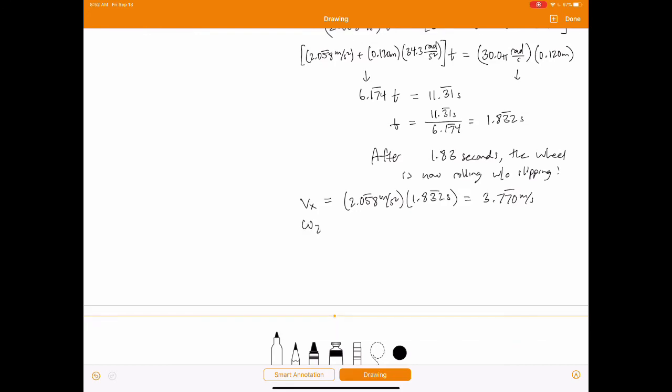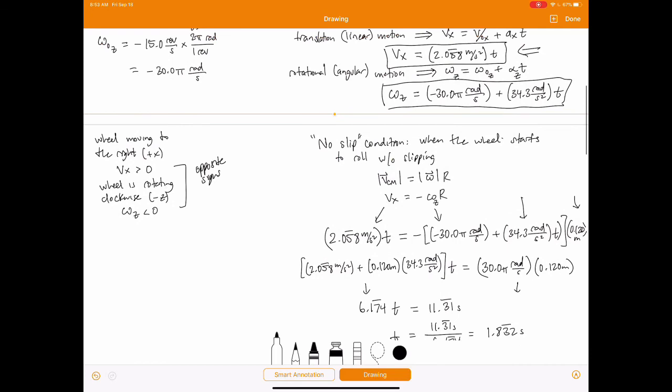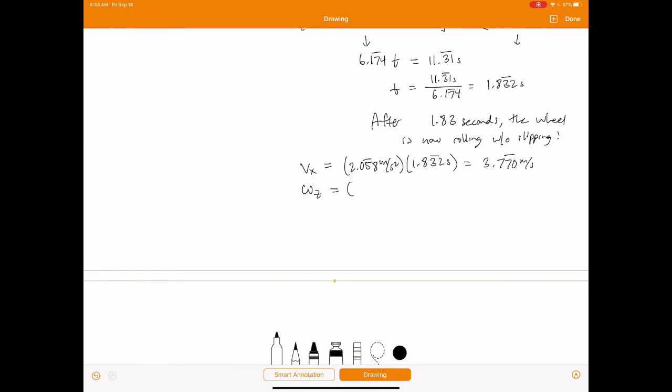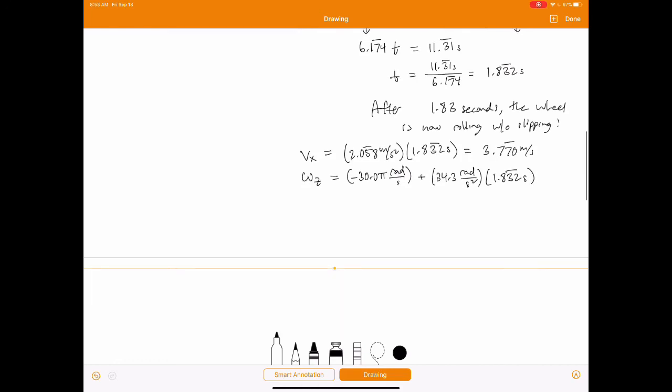And then omega z, if we want to know how fast it's rotating, we can use this formula. And again, that's minus 30.0 times pi radians per second. And then we're going to add to that 34.3 radians per second squared times time. The time is 1.832 seconds. Okay, so if you calculate that, you're going to get minus 31.41 radians per second.